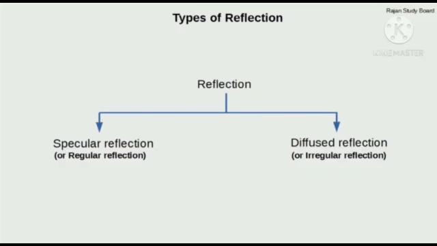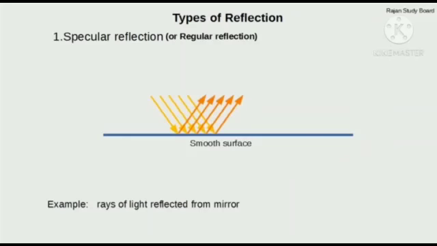Types of reflection are divided into two types: specular reflection or regular reflection, and second one, diffused reflection or irregular reflection. Specular reflection or regular reflection is caused by a smooth surface. For example, rays of light reflected from a mirror.